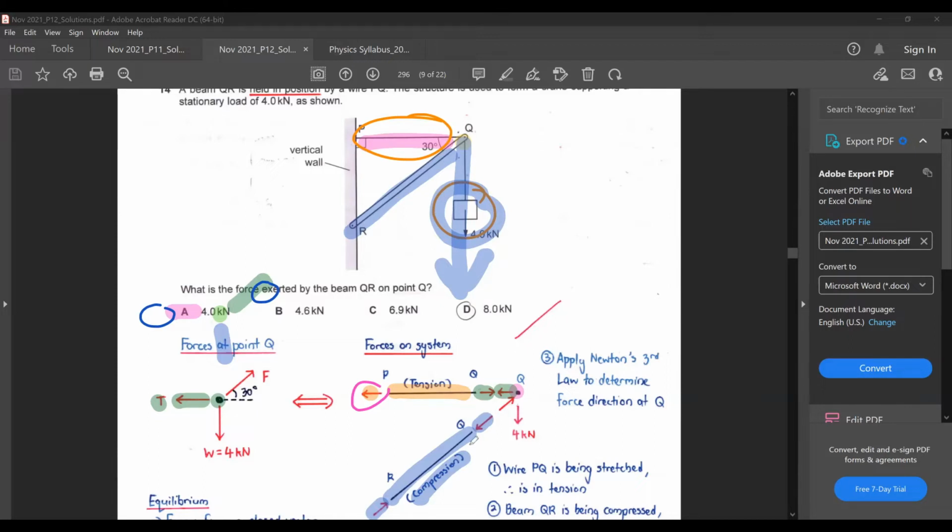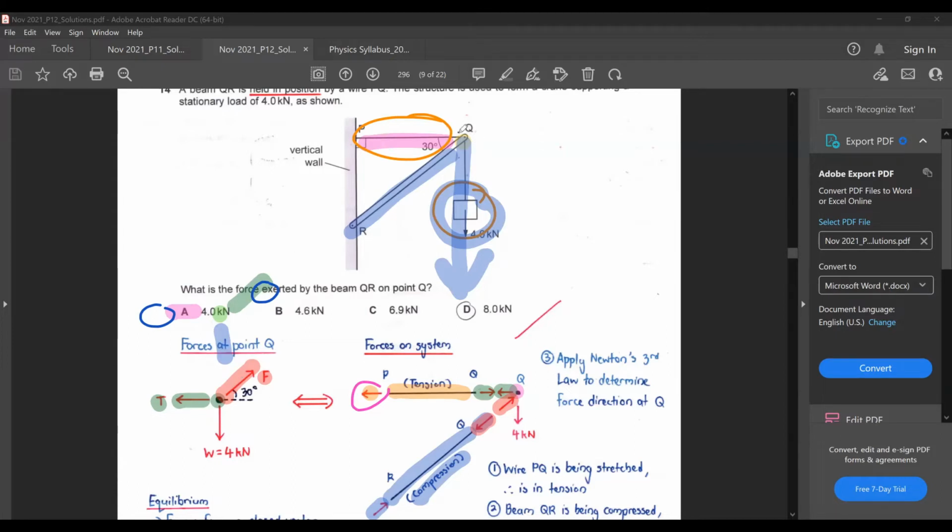Okay, this will cause your beam to be under compression. But again, your beam QR is connected to point Q. There are two objects here, point Q and beam QR. So again, you apply Newton's third law. If your beam is having a force in this direction, point Q will also have an equal and opposite force. That's why here my force F from the beam is like this. That's how I determine the directions for the tension as well as F.